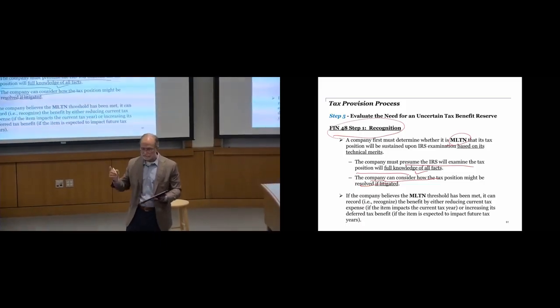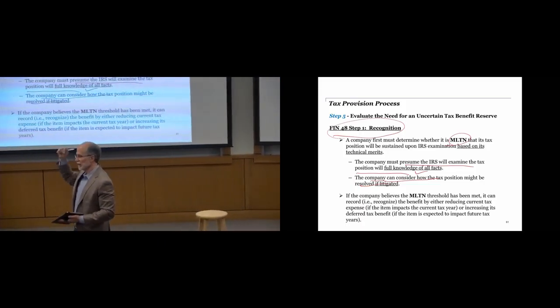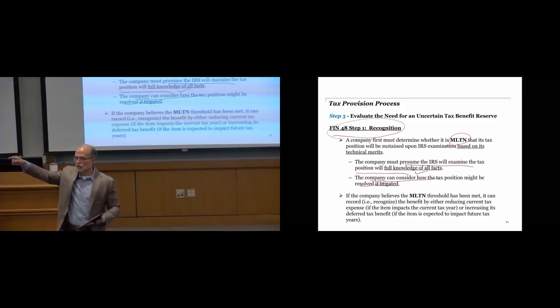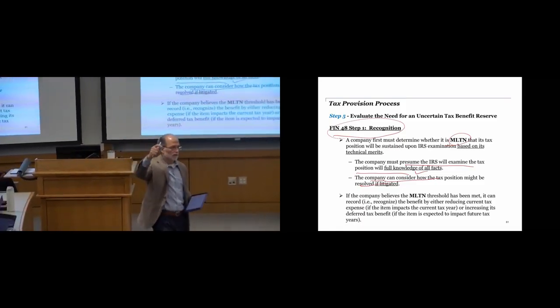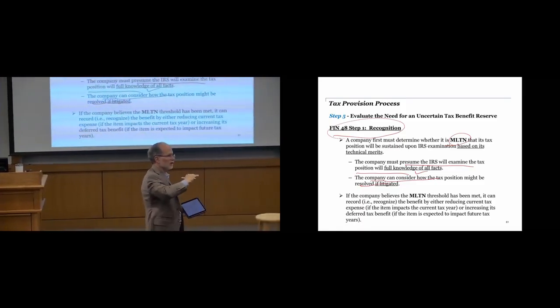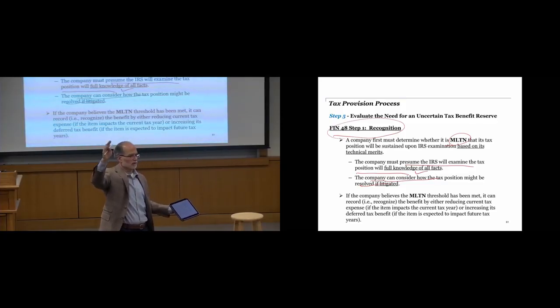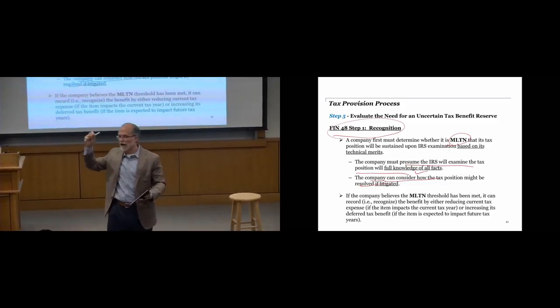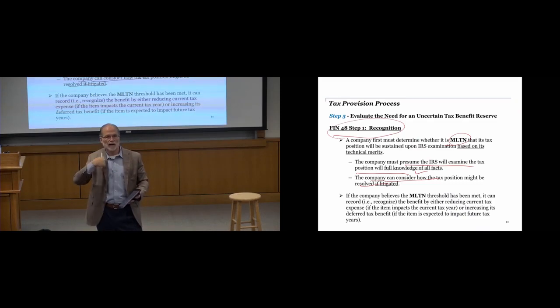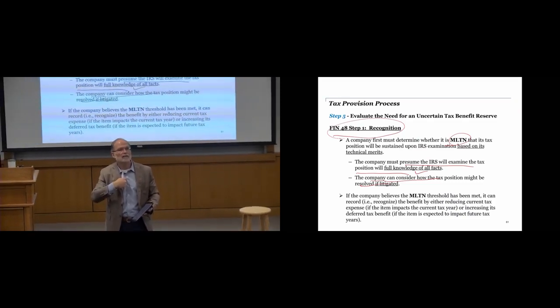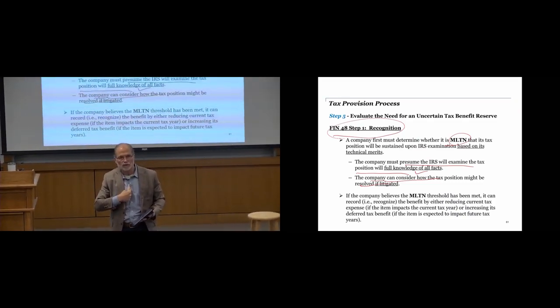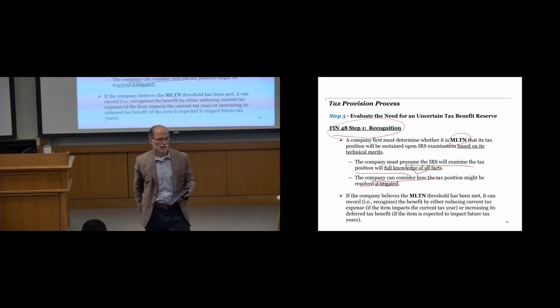So first I have to say all that. So I have to assume that they're going to ask the question. And I can consider how far I push the issue through the system. I have to be at a more likely than not that I will win. If I'm at 49% that I will win, I will record 0 in my financial statement.